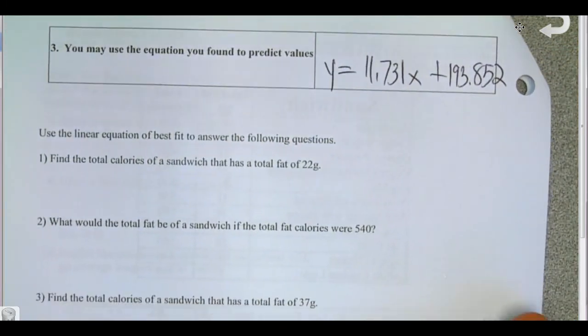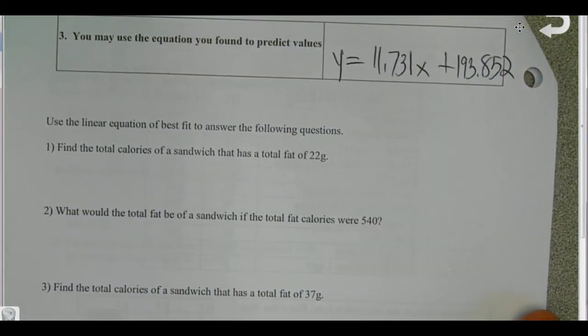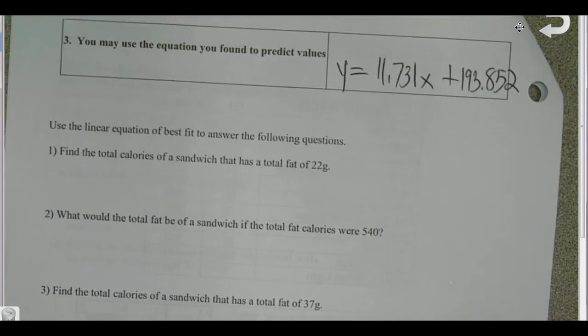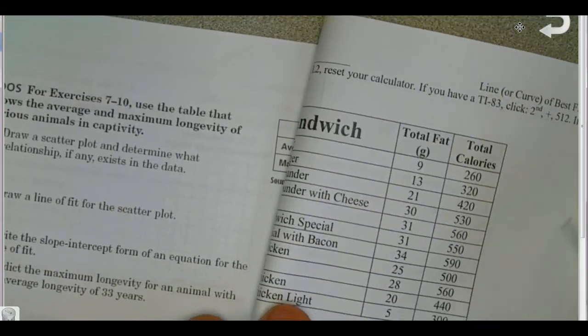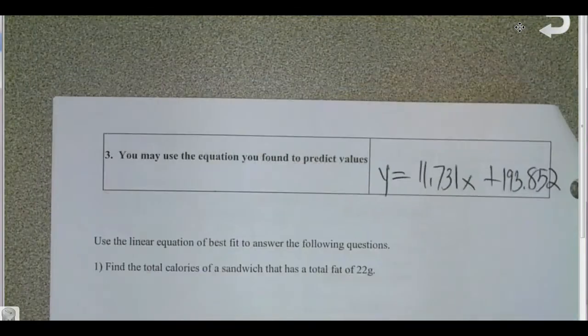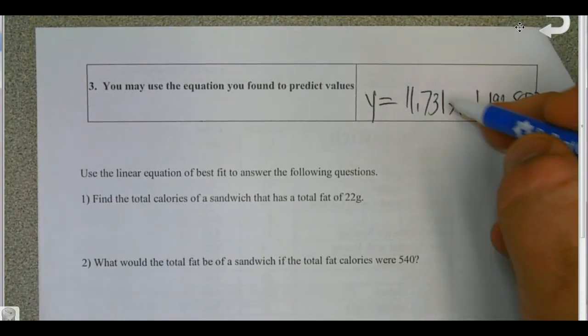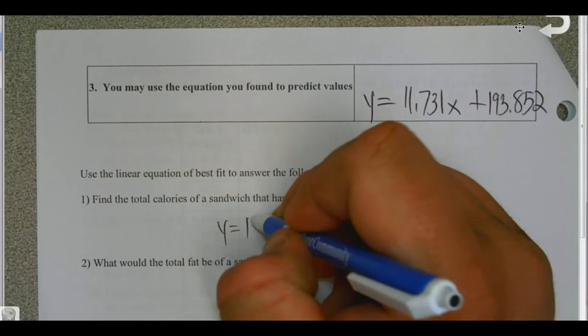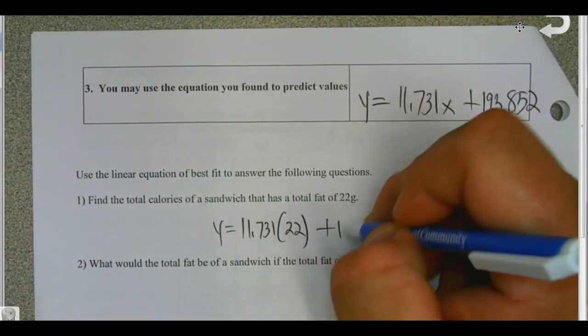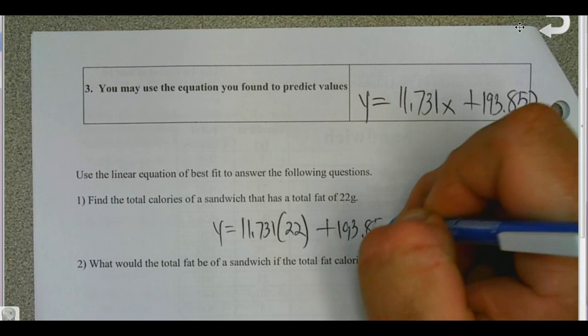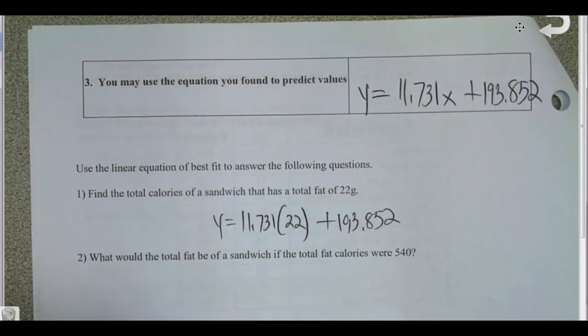And so it says find the total calories of a sandwich that has a fat of 22 grams. Well, remember we talked about fat is an X value. So I can plug 22 in for X and get an amount here.